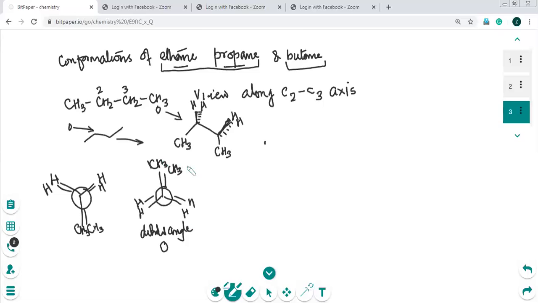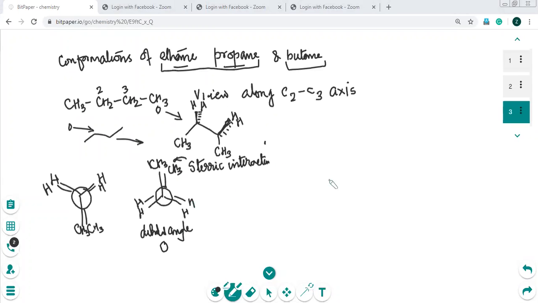So there is a very high level of steric interaction here because they are very close to each other. This is the form in which the CH3 groups are as close as possible, so this is going to have the maximum energy in the molecule.